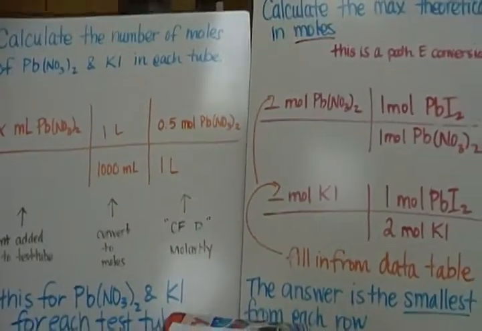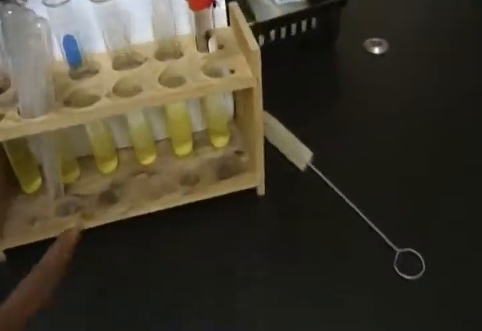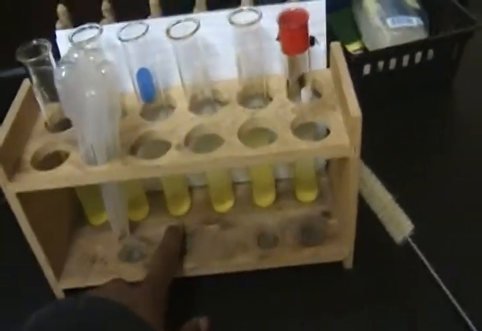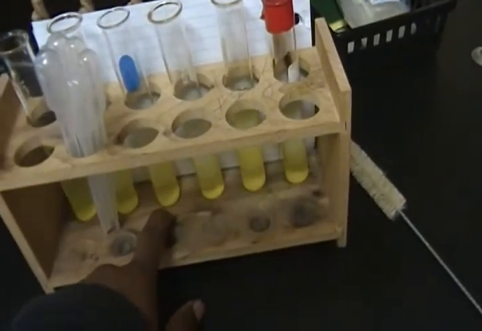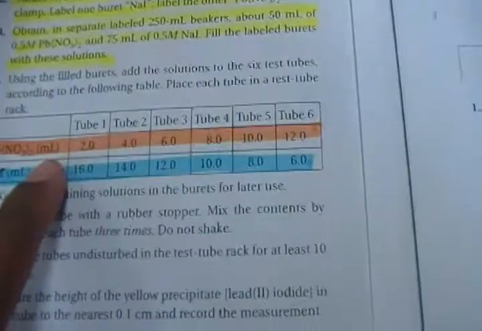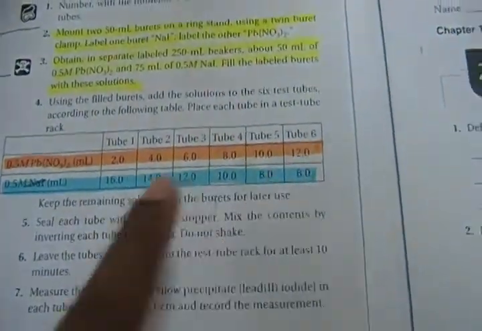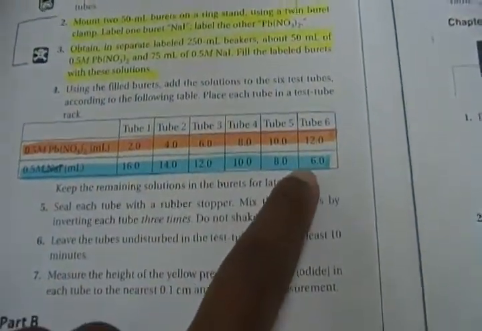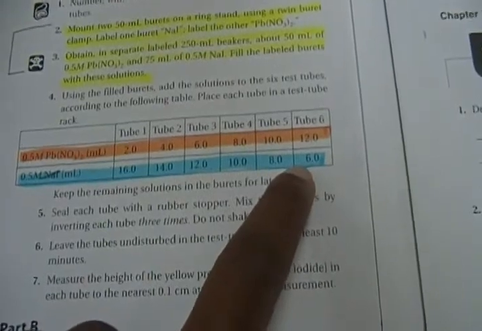Pretty much what you're going to do is combine your two chemicals together. You're going to get a cloudy yellow substance that will eventually settle out. While you're waiting for it to settle, you'll do the calculations for the table using these measurement amounts to find your number of moles, and fill that in on the table. After you've done that, you'll add 1 drop from each test tube with a clean pipette each time.